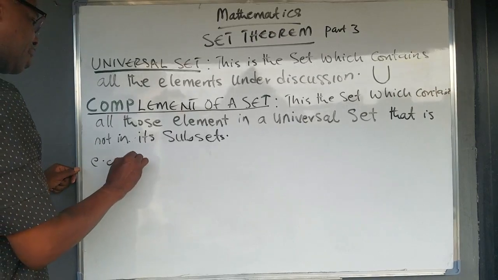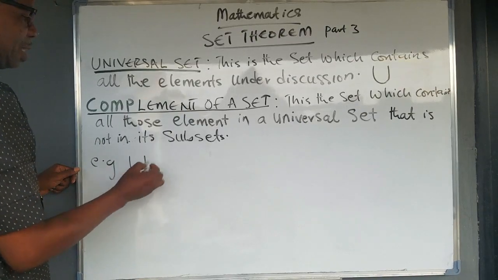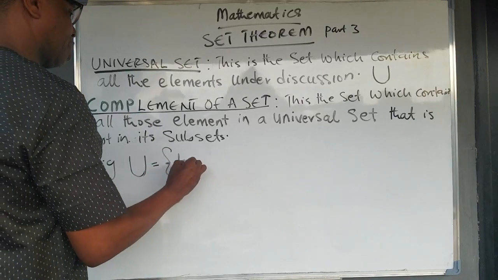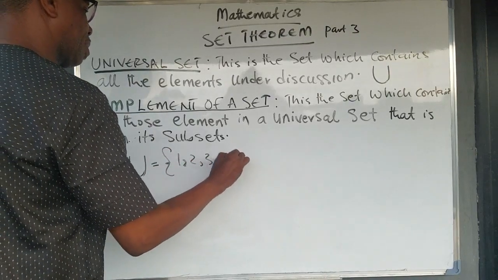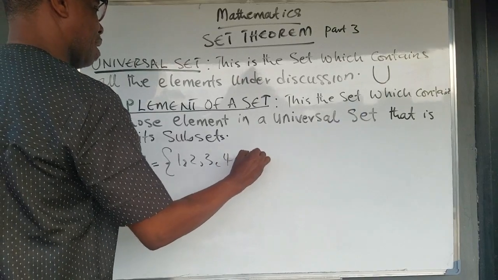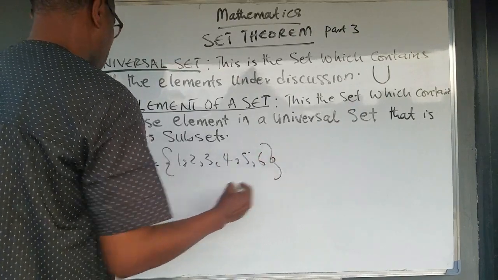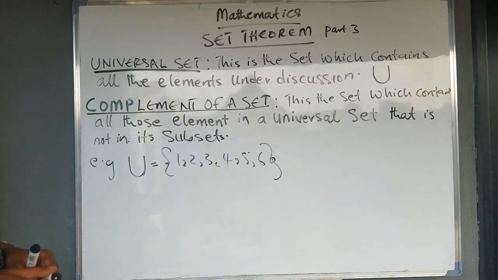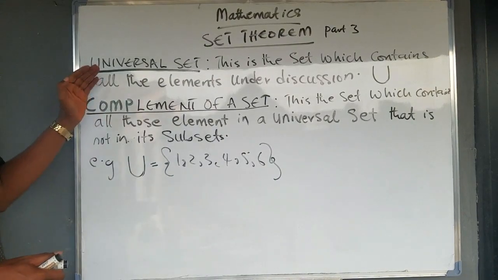Let me say that my universal set has these elements: 1, 2, 3, 4, 5, 6. Now before I go further, you cannot talk about the complement of a set if there is no universal set.